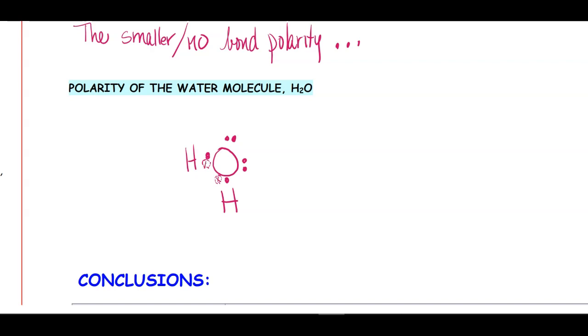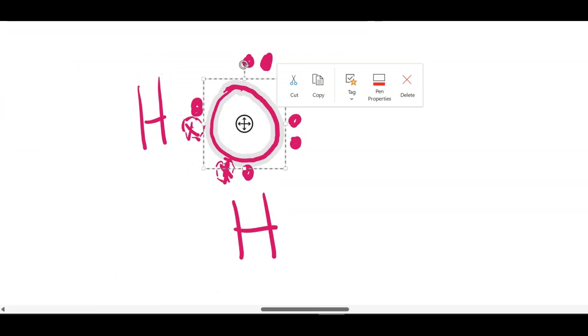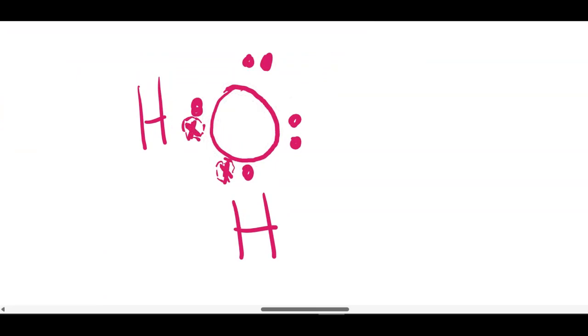All right. When hydrogen gives its 1 electron, well, let's give that a little more substance. Let me make that bigger. All right. Hydrogen's electrons. Now the question is, what can we tell about this molecule? Well, hydrogen's electronegativity is 2.1, and oxygen's is 3.5.